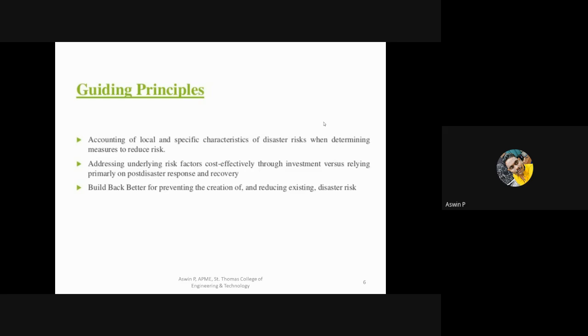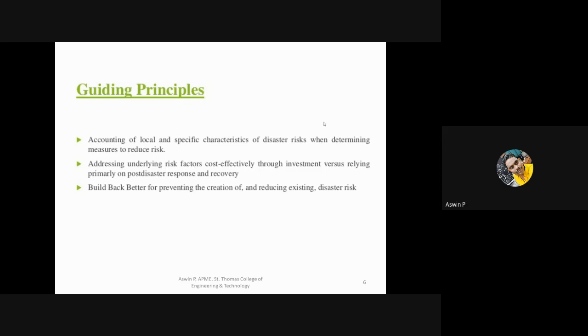Whenever we think about post disaster response and recovery, we should focus on every underlying risk factor, invested in disaster management.